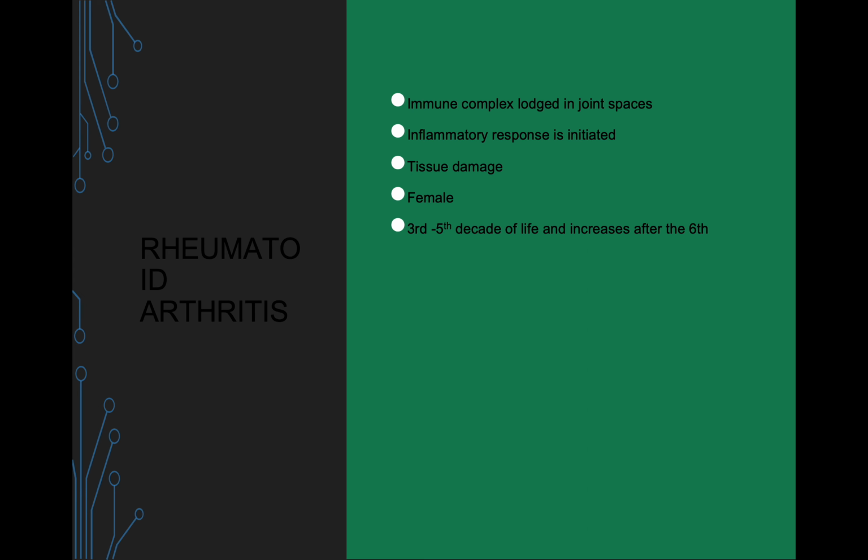We know that normally when a body is exposed to an antigen, the body has antibodies that attach to that antigen, and it flags that invader, so that the immune system knows that it needs to take out that newly formed antigen antibody complex. The white blood cells can go in and devour it, and it gets cleared from the system.